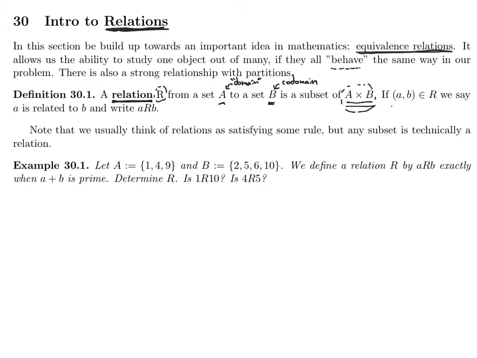And to say that one of the elements of our direct product, one of our ordered pairs, is in the relation, we say that A is related to B, and we usually use this notation, A R B. So R in this case is the name of our relation. If we had a different name for our relation, we'd use a different letter there.